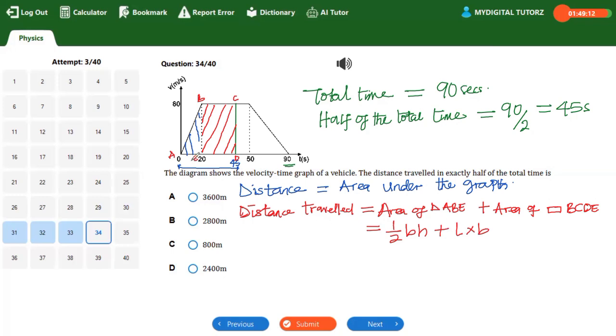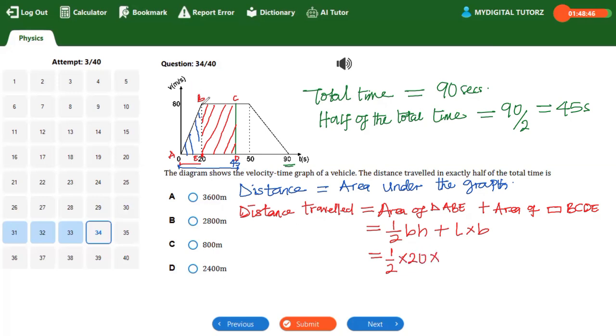So from there, the area of this triangle is going to be half the base. Here is where it stops, right? The base is from this place to this place, which is the difference between the time when the time is 0 and when the time is 20. So it will be 20 minus 0, that will give us 20. So that is our base. Then times the height.